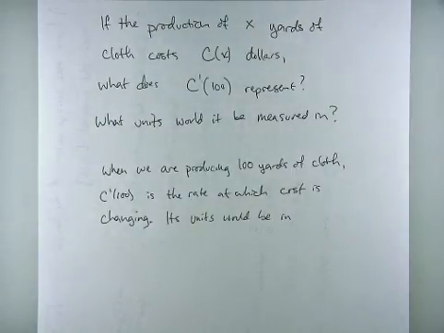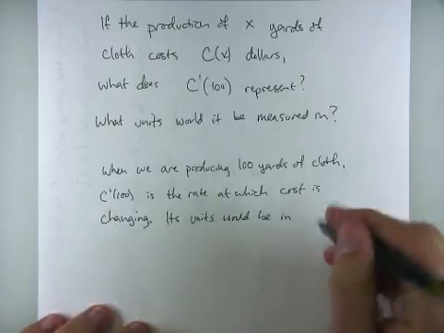So if cost is measured in dollars and x is measured in yards, then C'(x) is going to be measured in dollars per yard, right? The output that we're measuring the change of is C. It's in dollars.